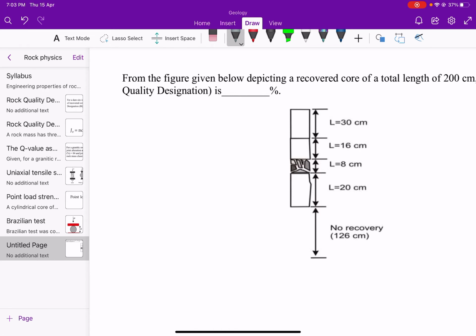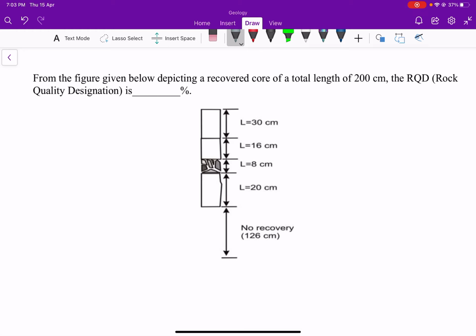The next question is based on rock quality designation. From the figure given below, a recovered core of a total length of 200 centimeters is shown. So the total length of the core is 200 centimeter. The RQD will be in percentage.